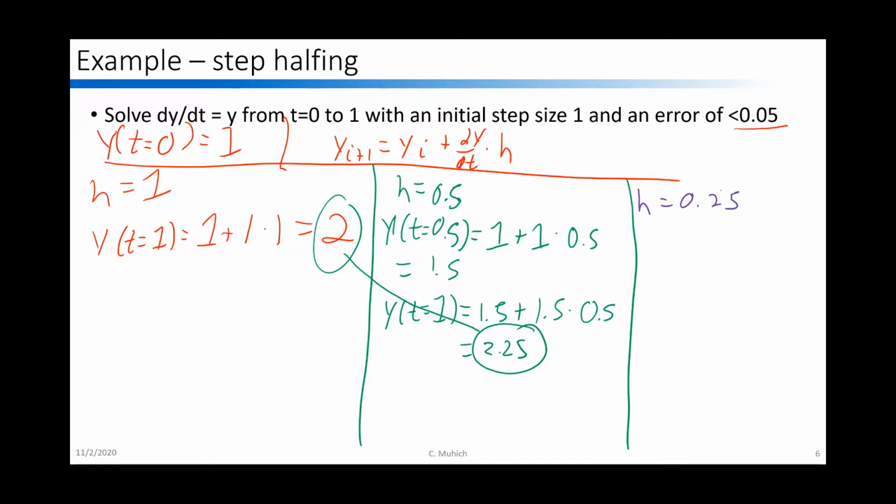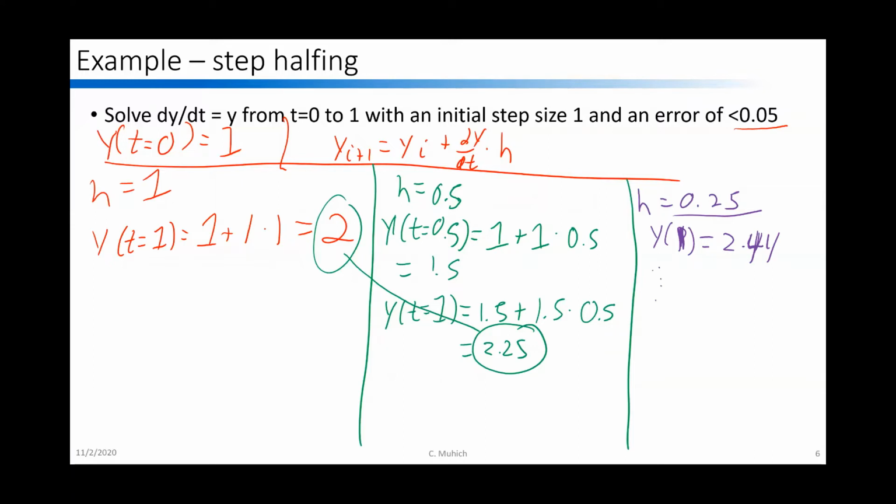And I'm not going to do this out, but it takes quite a few steps. And when I use h equals 0.25, y of 1 ends up being 2.44. Well, we're getting closer, we're converging, but we're still not there yet. We have to cut it in half again.